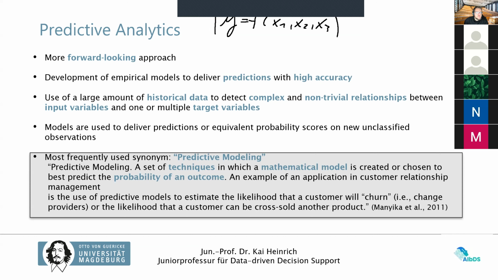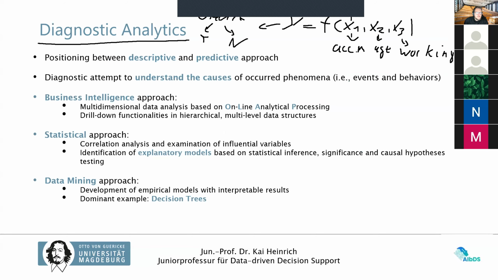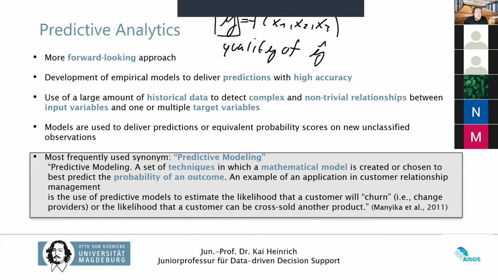But we are only interested in the quality of Y, or the estimate for Y using our model. So this is actually an estimate. We are only interested in the quality of the prediction. We don't care about the influence.